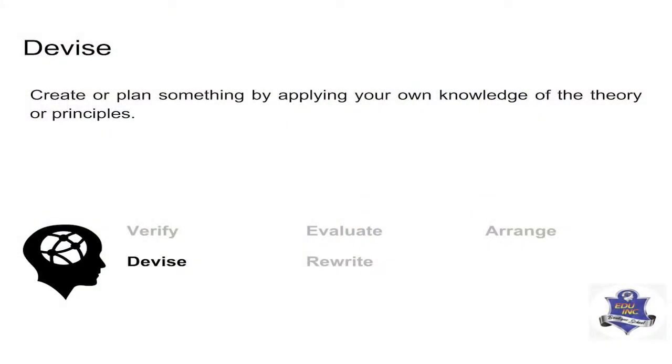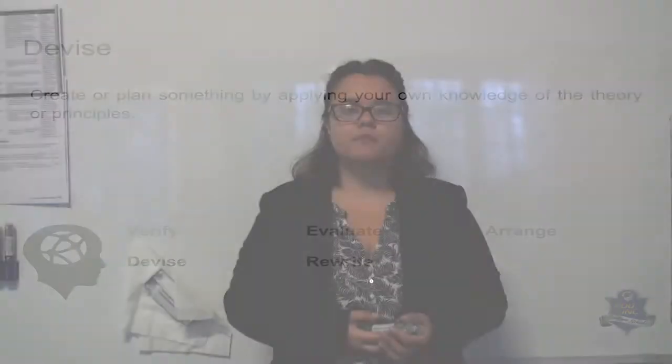The next verb that you could encounter within this cognitive level is the verb devise. Devise simply means to create a plan by applying your own knowledge of the theory. So an example of that would be devise a business plan for a shop that sells groceries.